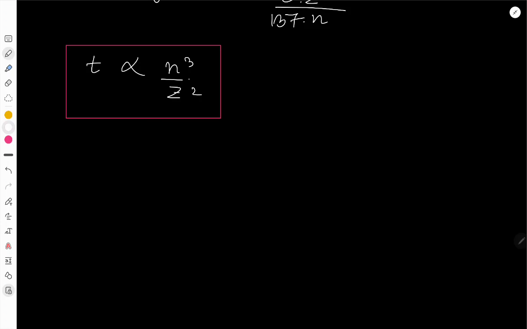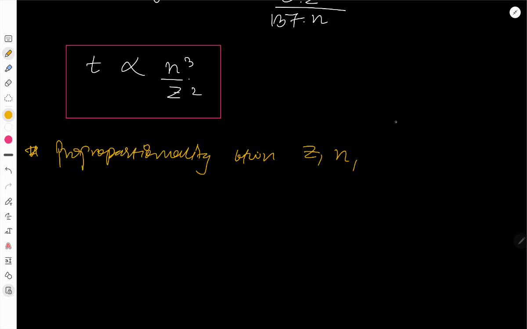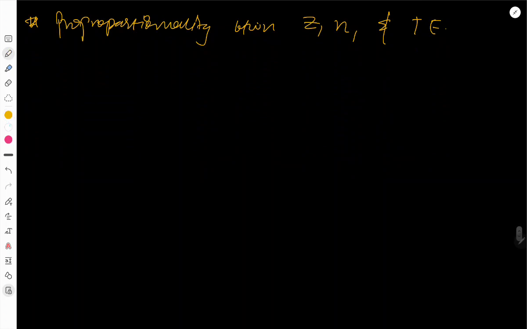Now let us derive proportionality between Z, n and total energy. So number 1 is kinetic energy.